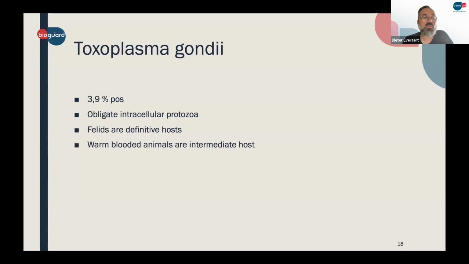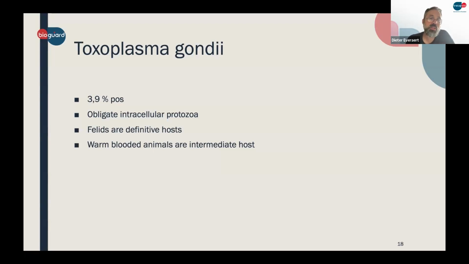Then 3.9% of rabbits are Toxoplasma gondii positive. So as you can see, it's much lower than with Encephalitozoon, but still, just to know, it's IgG, so 4% of the population is infected or was infected with toxoplasmosis.